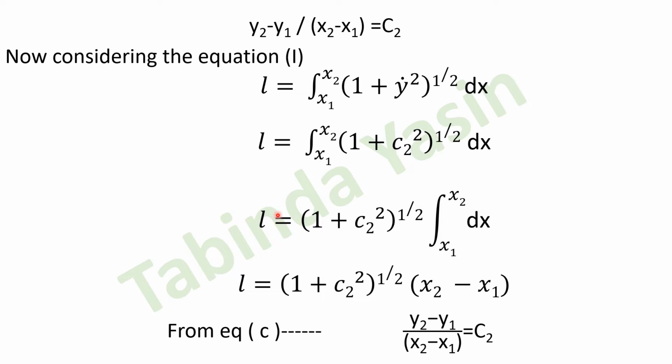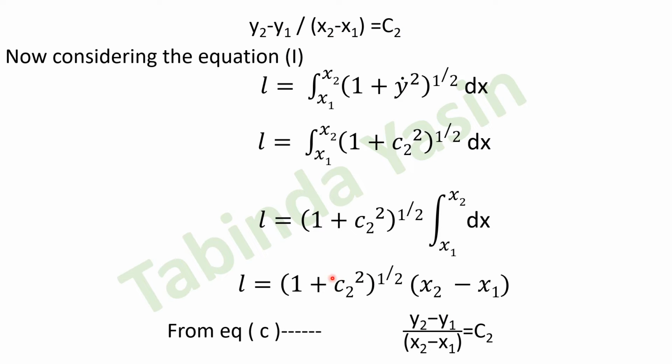So L is equal to bracket 1 plus C2 squared bracket power 1 by 2 times integral x1 to x2 dx, and L is equal to 1 plus C2 squared whole power 1 by 2 into x2 minus x1. From the previous equation we get that C2 is equal to y2 minus y1 over x2 minus x1.